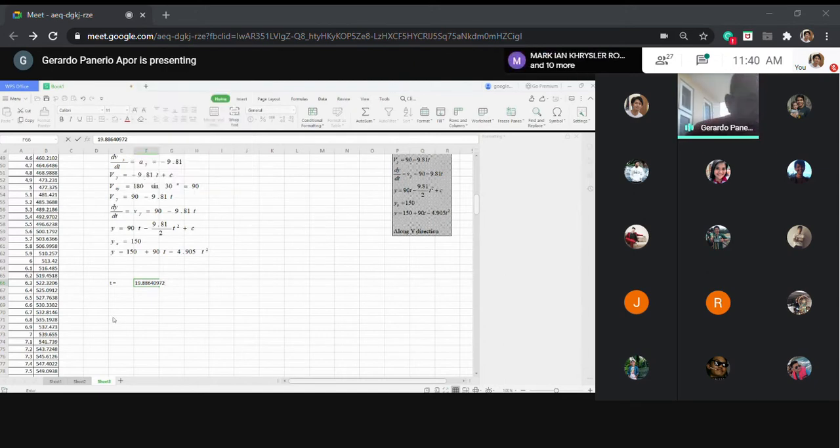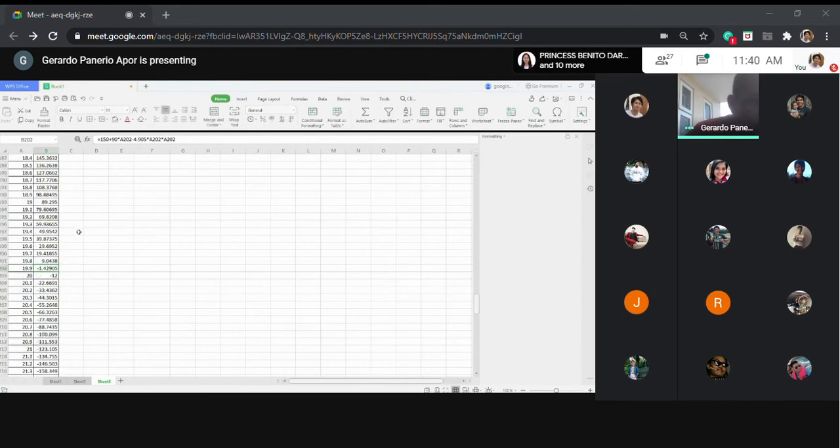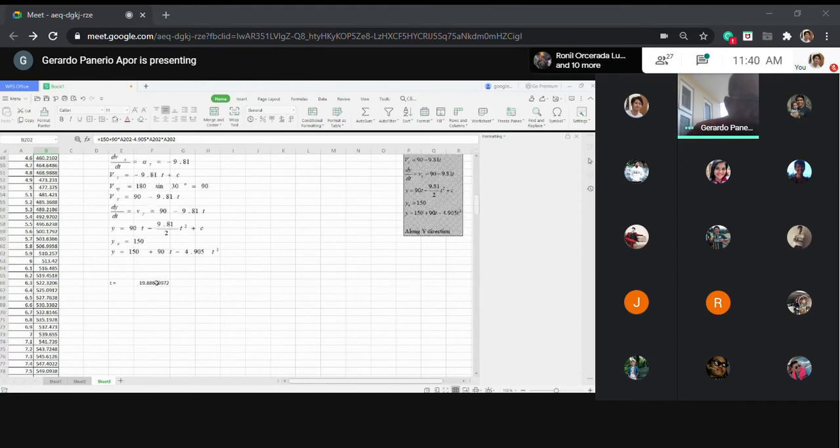So, analyzing it from the graph, it is at 19. So, my calculation here using quadratic is okay.